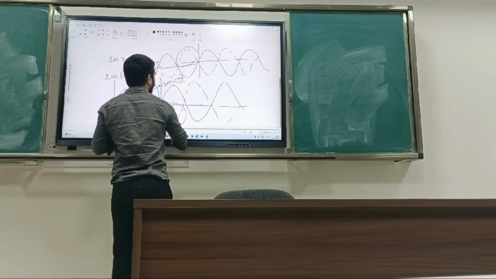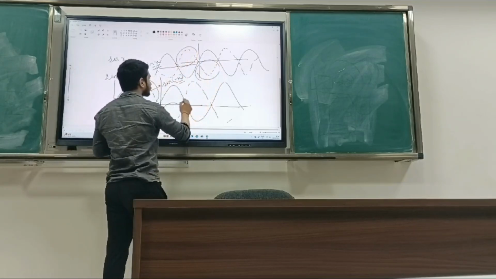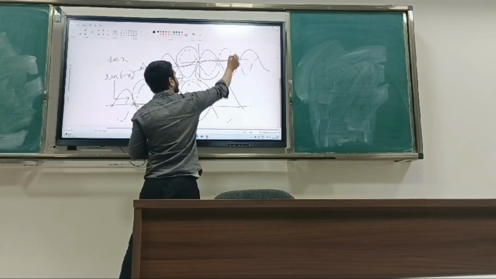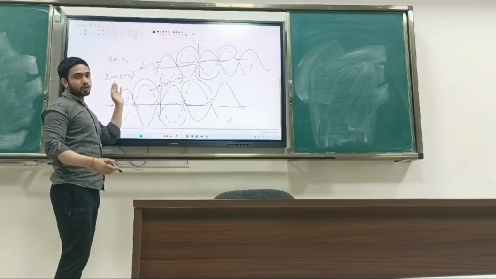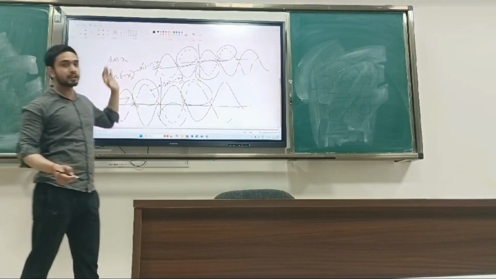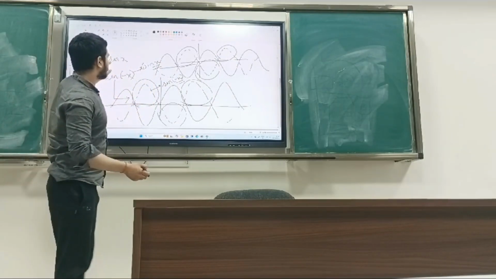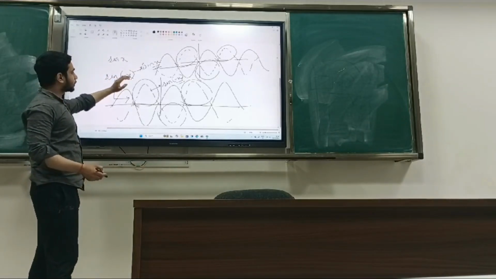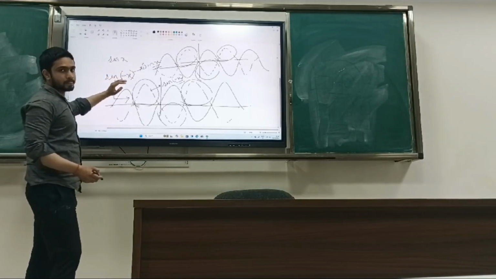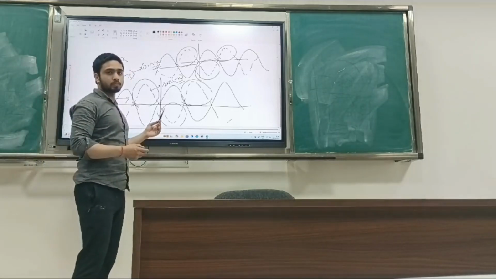This curve is here downside, this curve is here downside. This curve is here upside, this curve is here upside. So these both graphs, sin of minus x and minus sin x, from the concept which we learned, are coming the same. So we can say that this concept is also proved from both the relations. Okay, so like this we can also prove this.